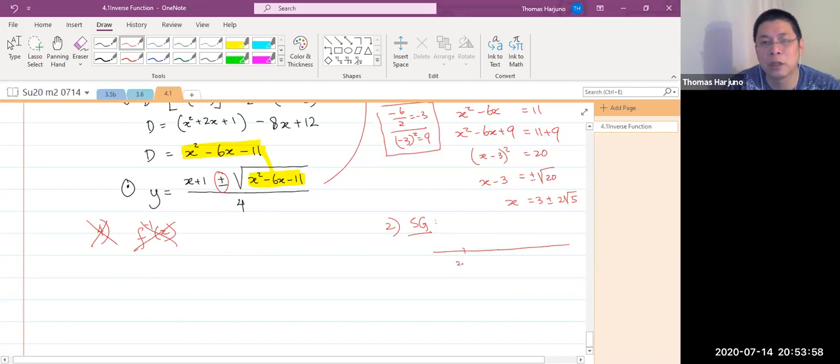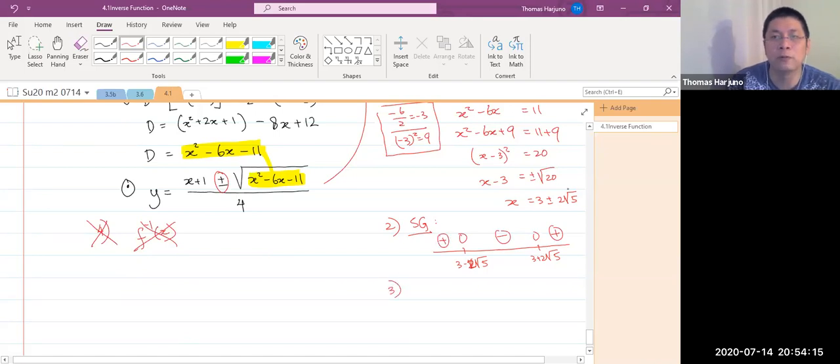Critical numbers, 3 minus 2 square root of 5 and 3 plus 2 square root of 5, both of them the zeros. And then the sign graph will give us this plus, minus, plus.